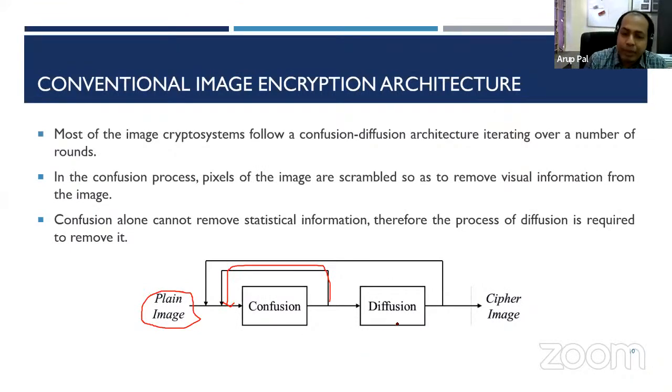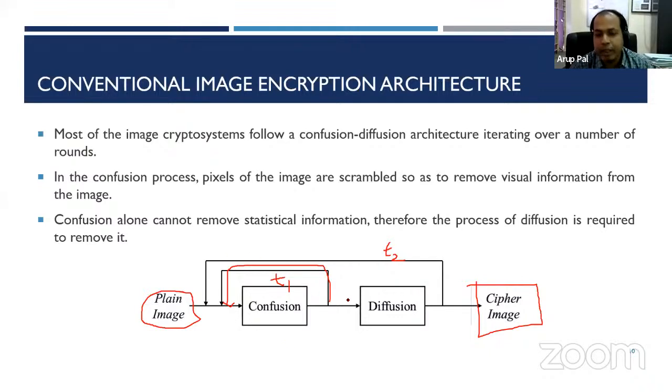Subsequently, after this process is iterated, suppose T1 times, we perform the substitution process, known as diffusion, and this process is carried out suppose T2 times. So overall it will be executed T1 into T2 times, and finally you get your desired cipher image. That is one of the ways we perform image cryptosystem.